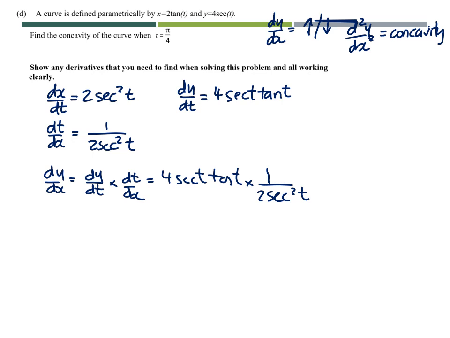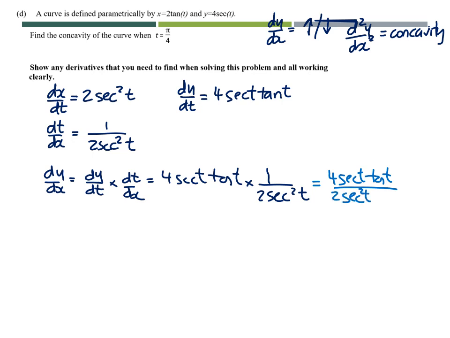So even in this one here, this one is one that we can target. Okay, this sort of question. Even though it's our excellence question, we should be able to get to some stage along there. From here, if I had gone down the route of trying to simplify that, that's 4 sec t tan t all over 2 sec squared t.